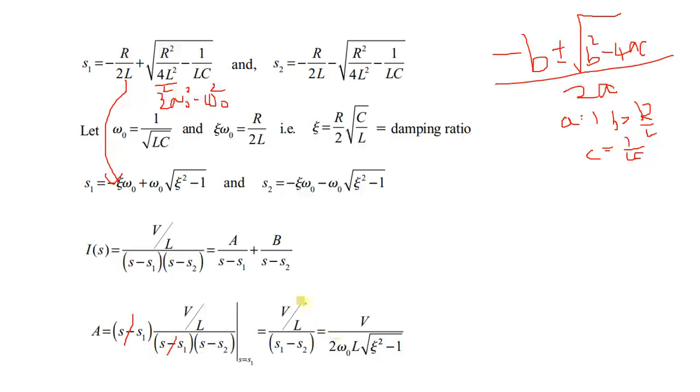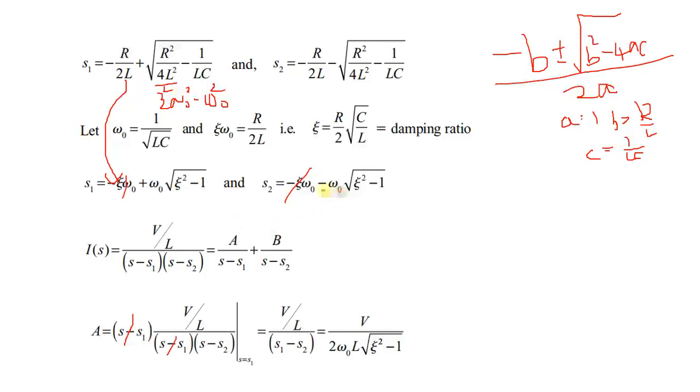So therefore v by l divided by s1 minus s2. From the values of s1 and s2, since s1 minus s2 is present, the plus minus zeta omega terms should cancel each other.